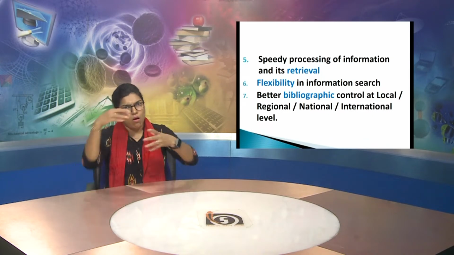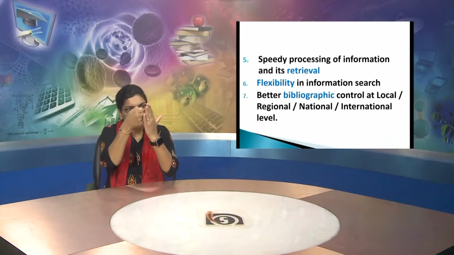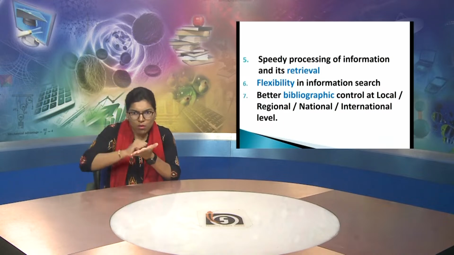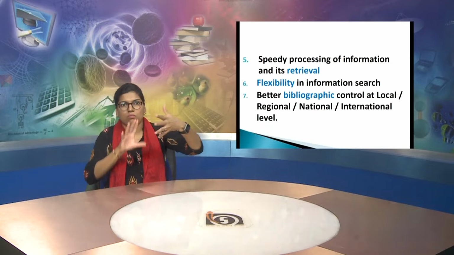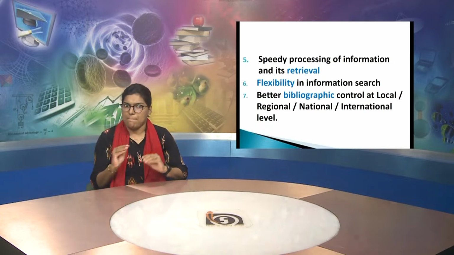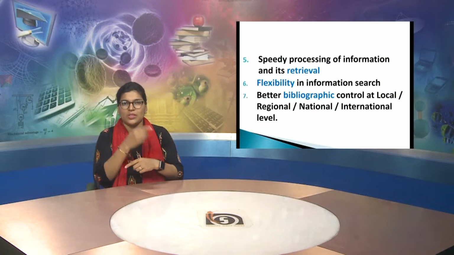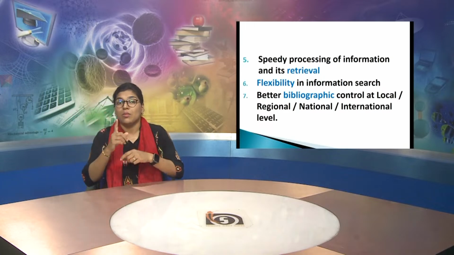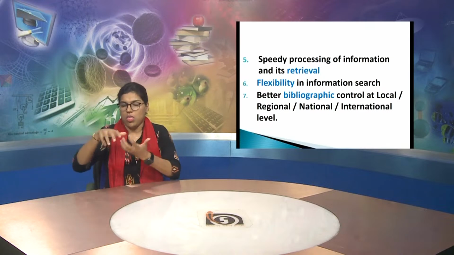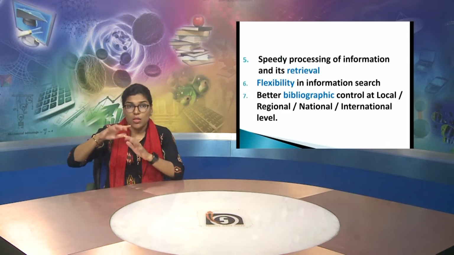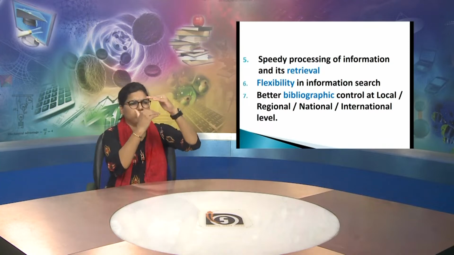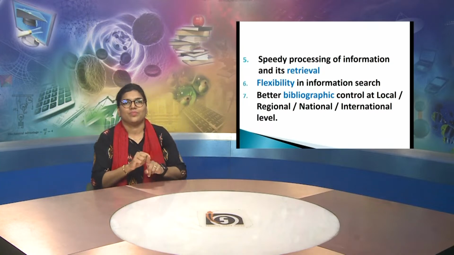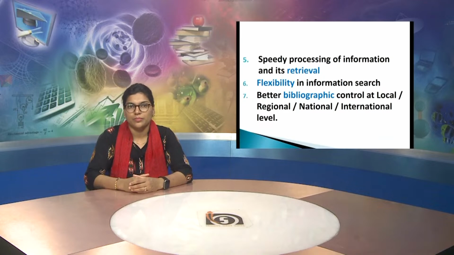Point number 7. Better bibliographic control at local, regional, national and international level. So all these points made us understand that there is a need for library automation for better management.